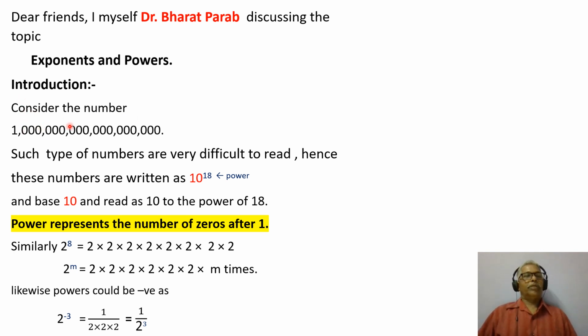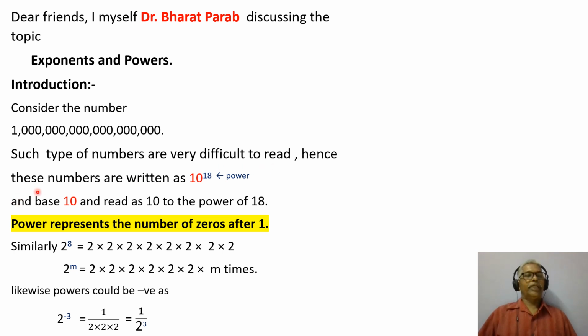Consider this number, a big number, 1 and many zeros. There are 1, 2, 3, 4, 5, 6, 6 into 3, there are 18 zeros. Such numbers are very difficult to read.